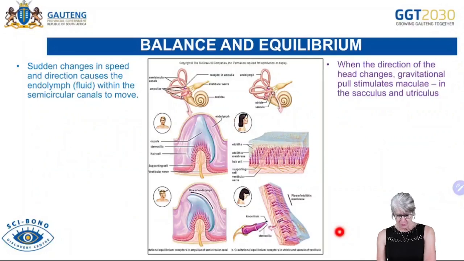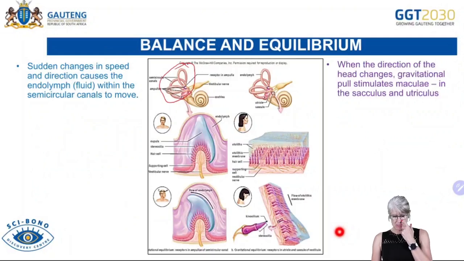receptors. So if we have sudden changes in speed and direction of our head, so say when you're running around on a soccer field or on a netball court, or you're running away from something, or you're running to catch the taxi or whatever, then that sudden change is going to cause the receptors in your semicircular canals to react or to be stimulated.